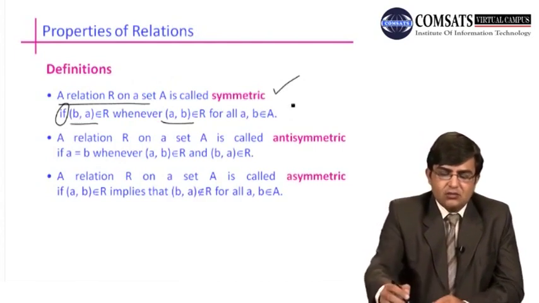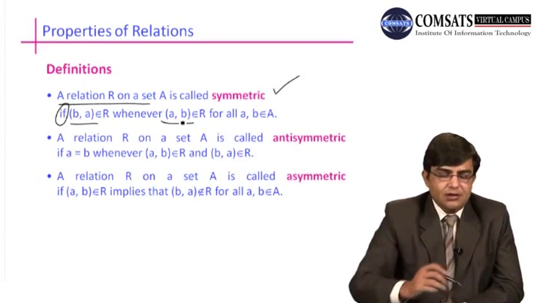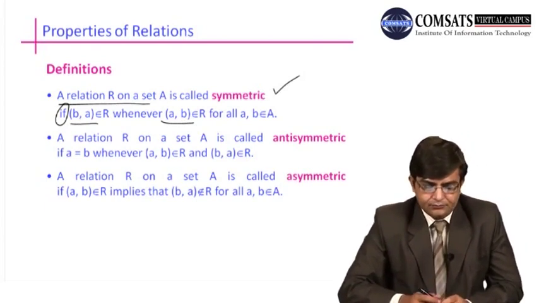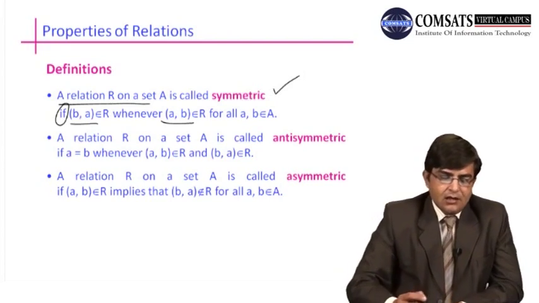So this is what we are saying here: if AB belongs to R, then BA must also be in R. This is when a relation will be called a symmetric relation.